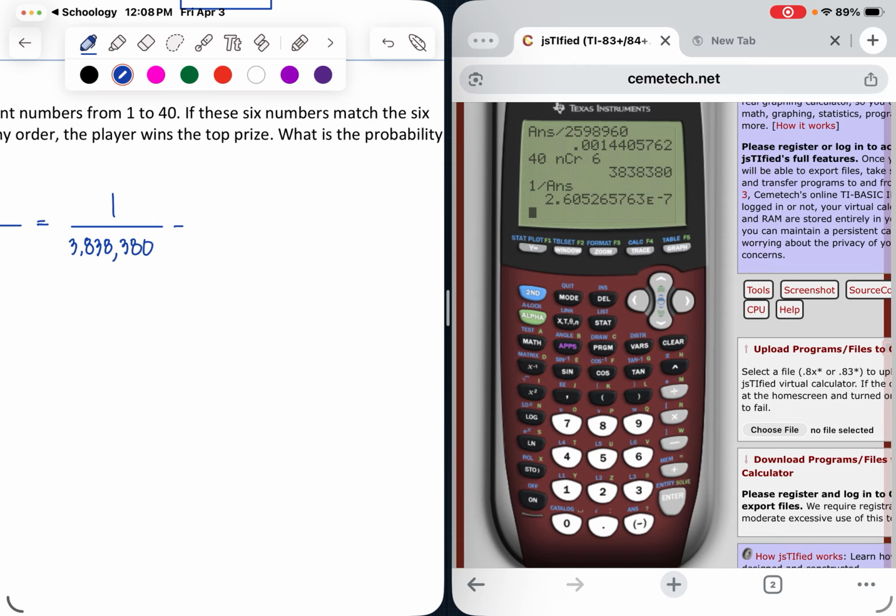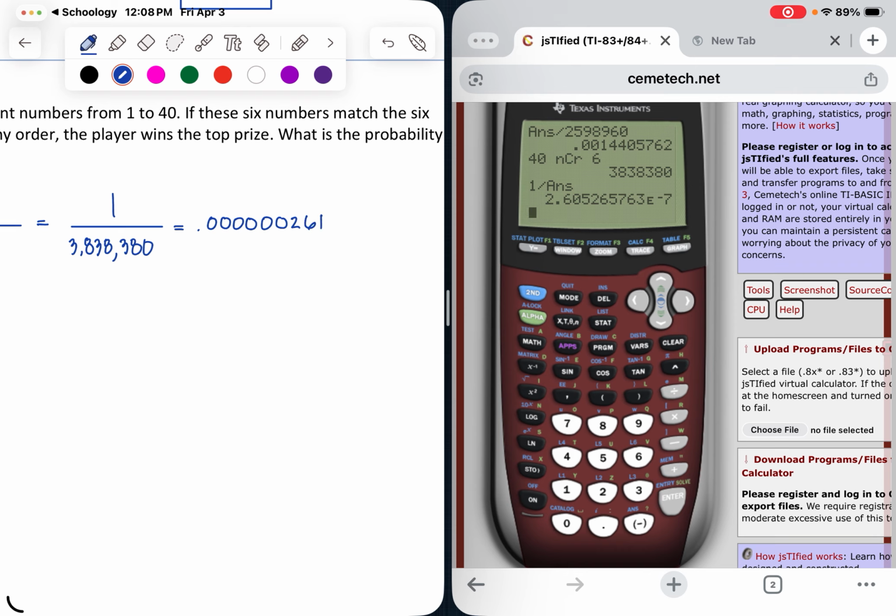Good. All right, so that means that this is scientific notation. It's times 10 to the negative 7th. So we have to move the decimal 7 places to the left. Okay, so if we move the decimal 7 places to the left, that's adding 6 zeros in front of it. So 1, 2, 3, 4, 5, 6 zeros, and then 2, 6, 1.